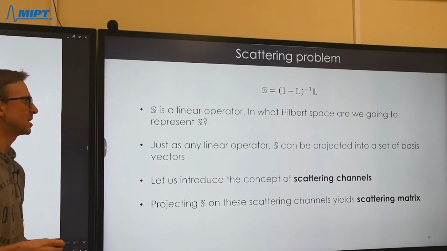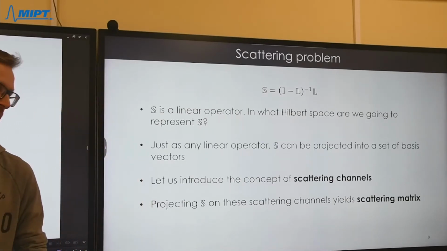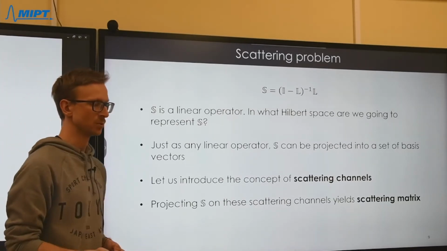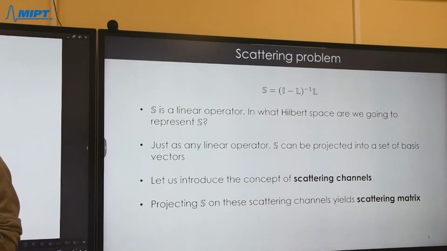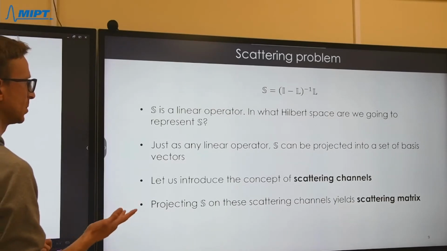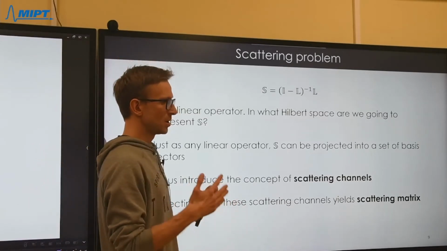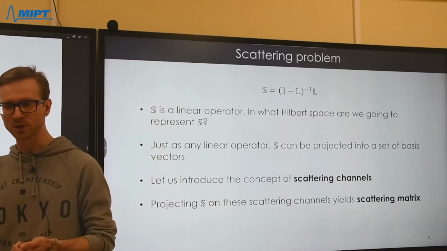And then there is another difficulty. Like I also said, any linear operator acts on a certain vector space. It acts on a vector from a linear space, and we need to understand what that linear space is. In quantum mechanics, it's called Hilbert space, so I'm going to be using that terminology here as well. We need to understand in what Hilbert space we are working.